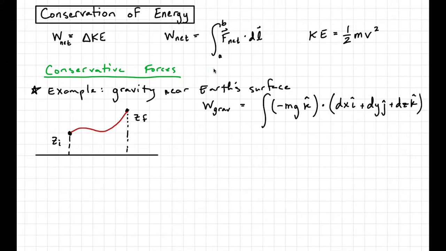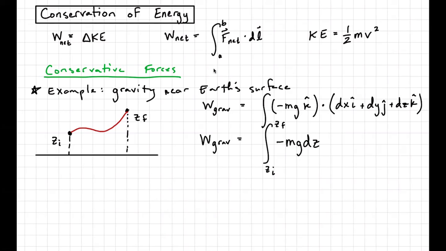So i and j here would be horizontal directions, parallel to Earth's surface, and k, or z, would be perpendicular to Earth's surface. If I take that dot product, I only end up with the z component mattering. So I'm integrating from the initial z position to the final z position of minus mg dz.